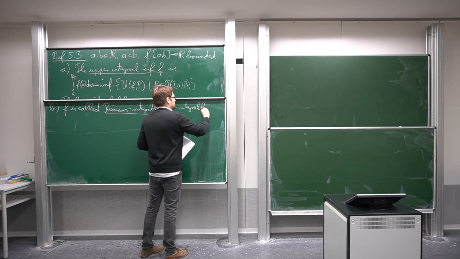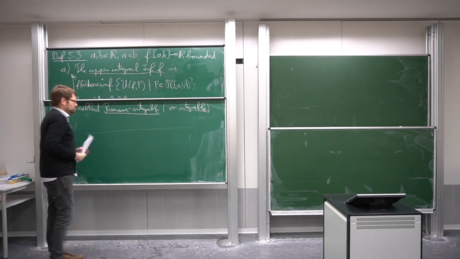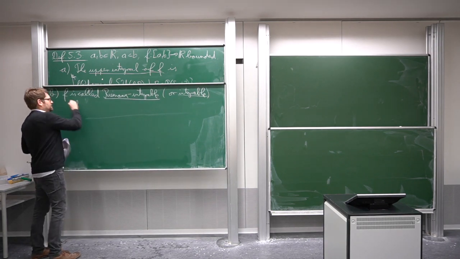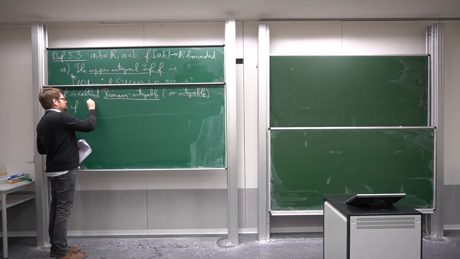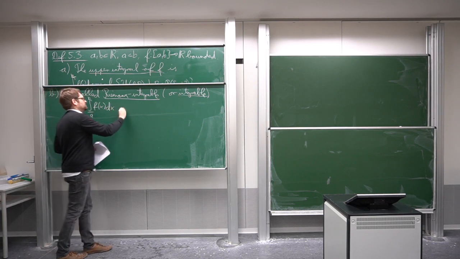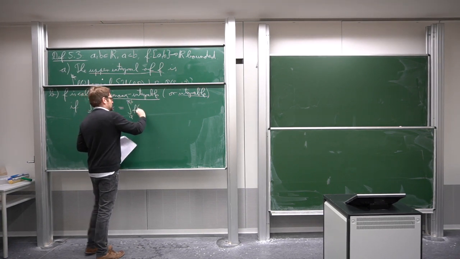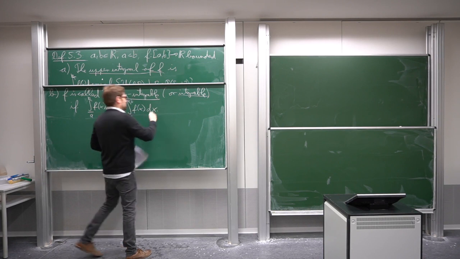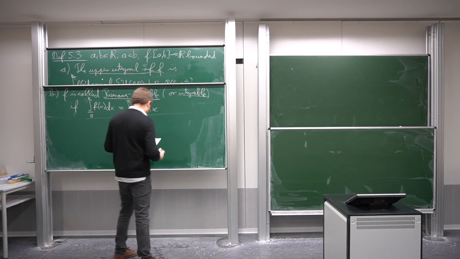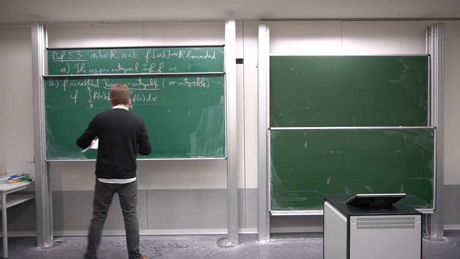Later on in Math 3 or Math 4, you will see Lebesgue integrable functions. This is a more general concept. But anyway, it's called Riemann integrable if simply the upper integral coincides with the lower integral. So the lower integral of f(x) dx is the same as the upper integral. This means we approach from both sides and get the same value, so it makes sense to speak of this value. If this exists, we call this value the integral.